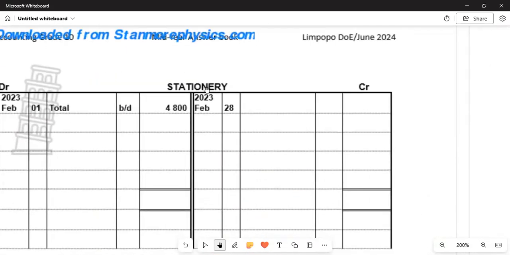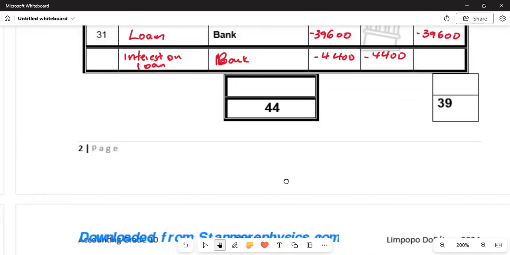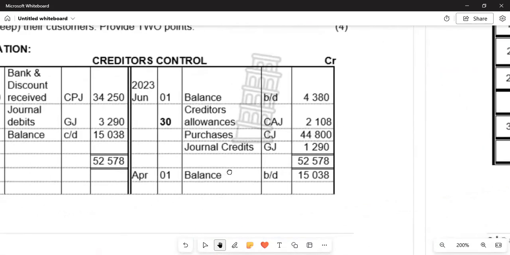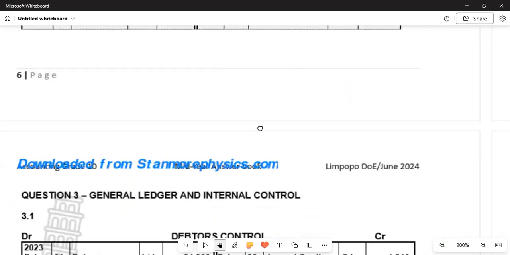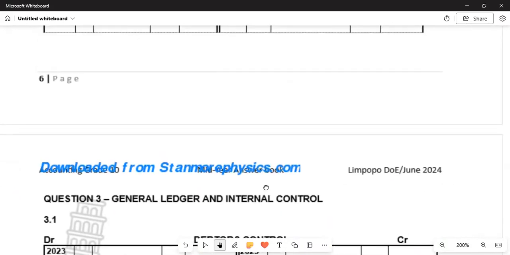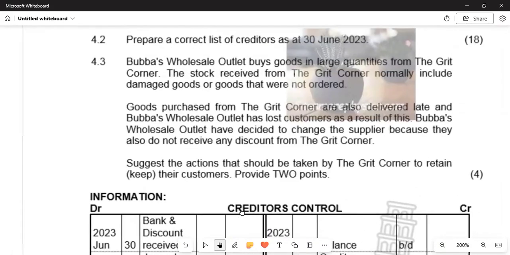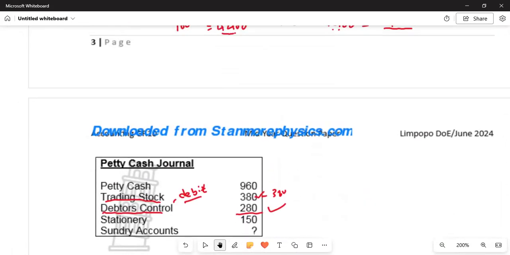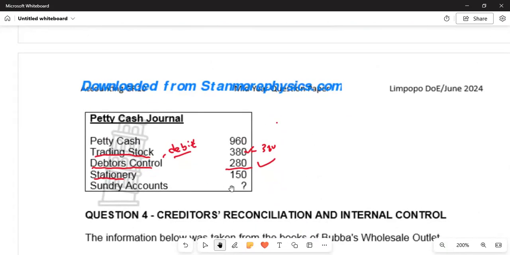Very important. Here is our stationery of 150.